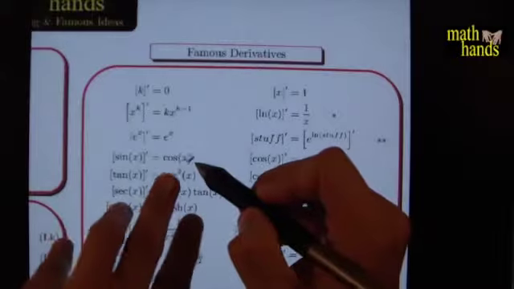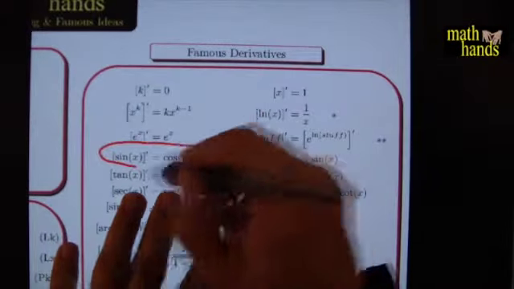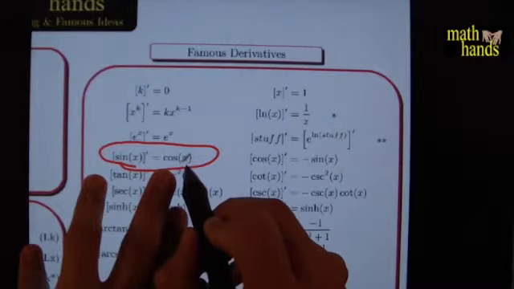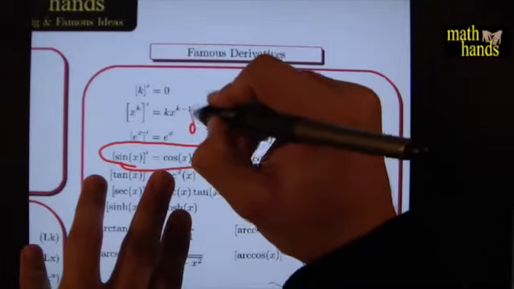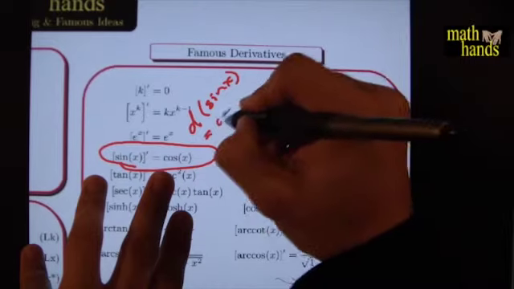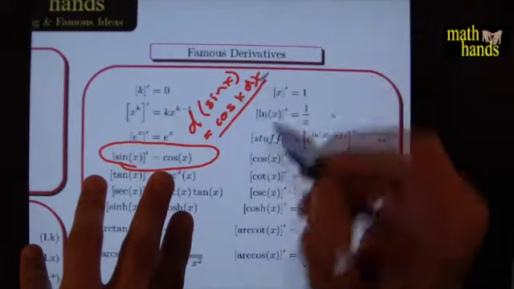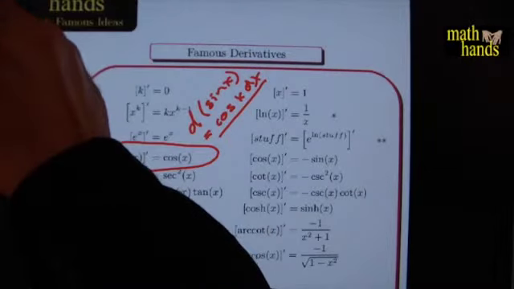Is there one where the derivative is cosine? And that would be an affirmative yes, right here. The derivative of sine x is equal to cosine. Here, I'll emphasize it again. The derivative of sine x would be equal to cosine x dx if you were to use chain rule. That tells you exactly how to do this one.